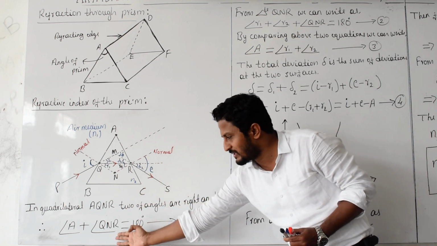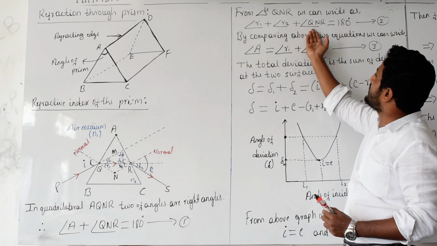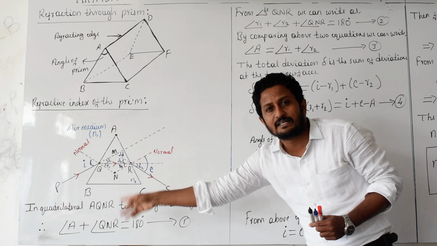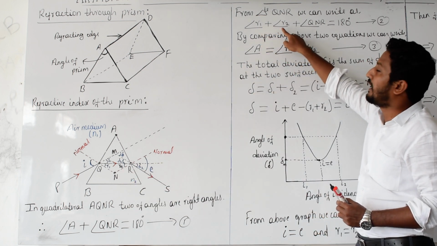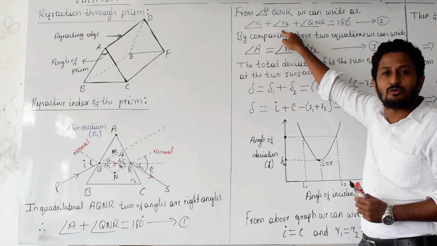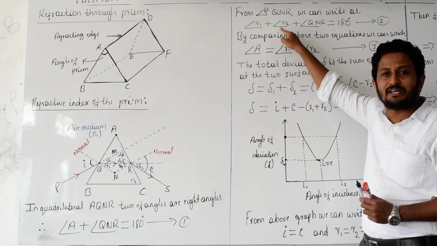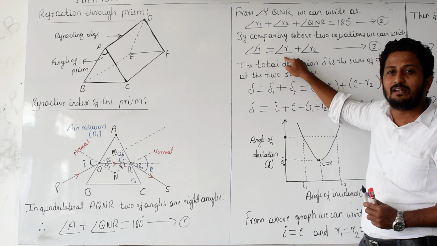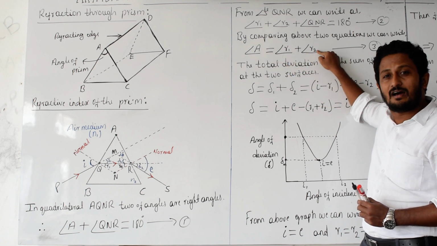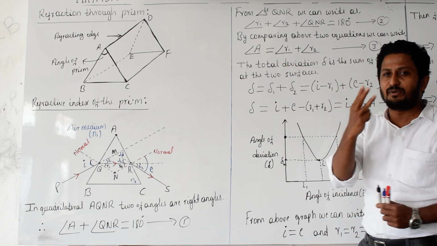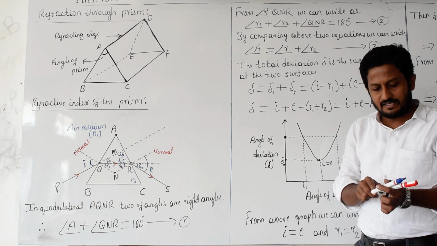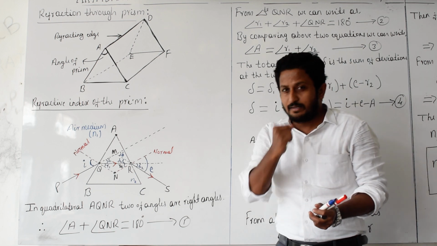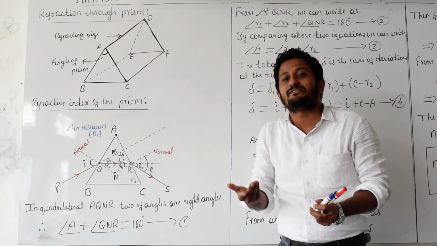Here also QNR is there, here also QNR is there. Then what can you conclude? That angle A is equal to angle R1 plus angle R2. By comparing equation 1 and 2, we can write angle A is equal to angle R1 plus angle R2. Name it as equation number 3. Now look here. I already told that the total deviation.